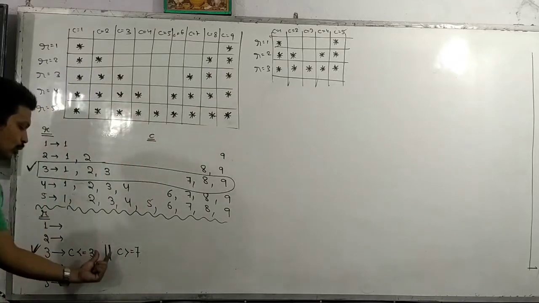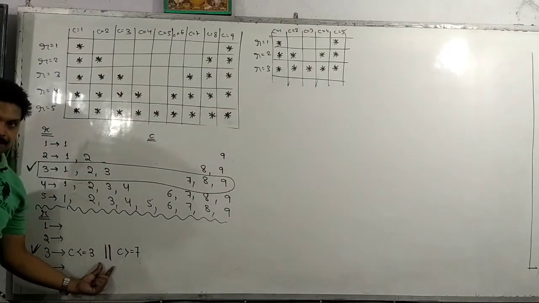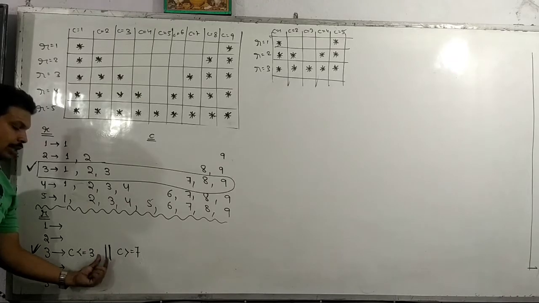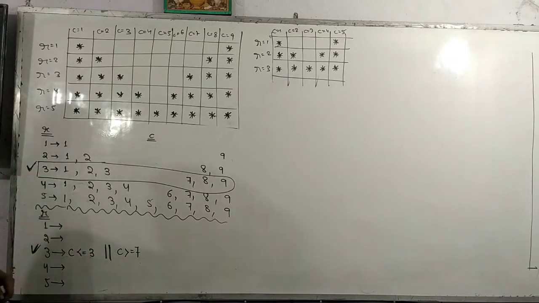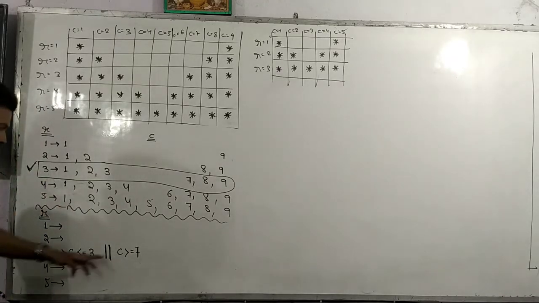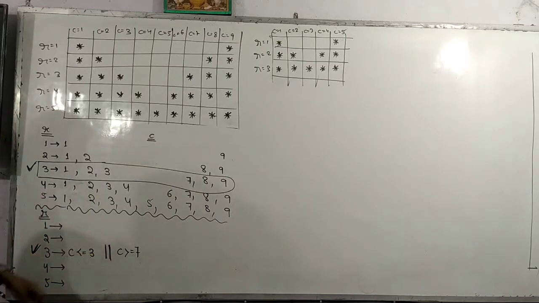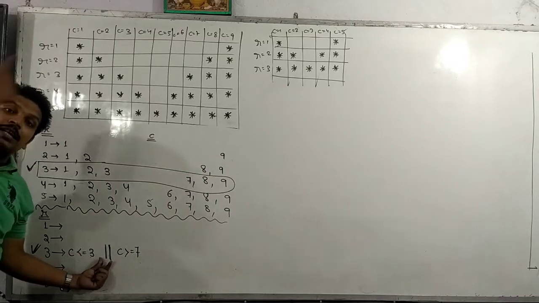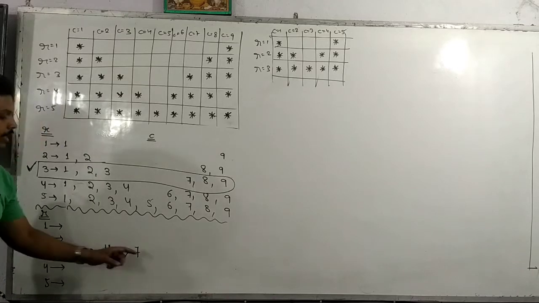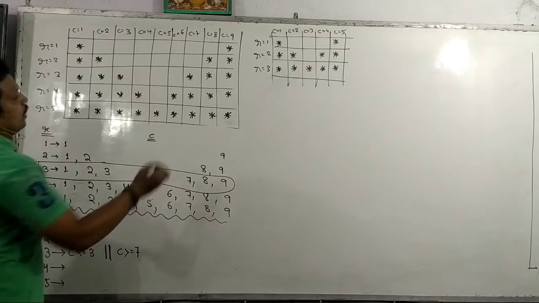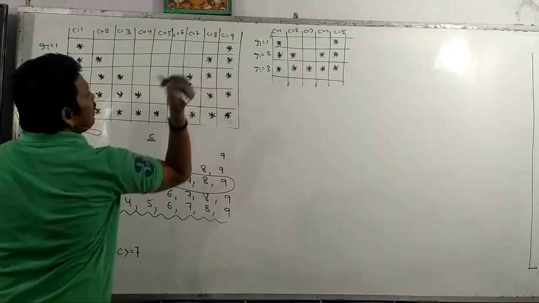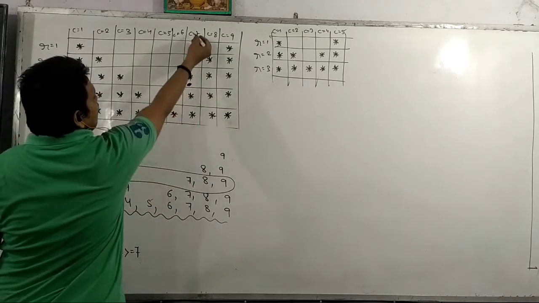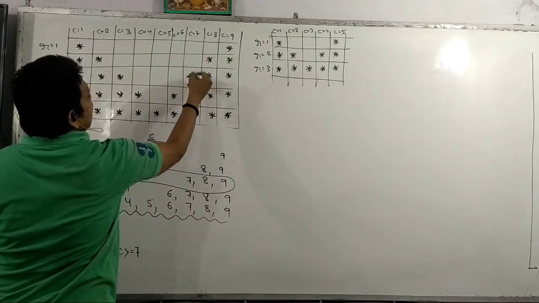Sir, why have you used logical or here? Sir, आपने यहाँ पे logical or क्यों लगाया? You tell me. At the same time, is it possible that two conditions will be satisfied? क्या ऐसा कभी हो सकता है कि एक ही समय पर c का वैल्यू लेस देन इक्वल टू 3 भी रहे, साथ में इसको लॉजिकल एंड c का वैल्यू ग्रेटर देन इक्वल टू 7 भी रहे? मान लो कि ये लोकेशन है, इस समय c का वैल्यू क्या है? इस समय c का वैल्यू 7, the value of c in this case is 7.